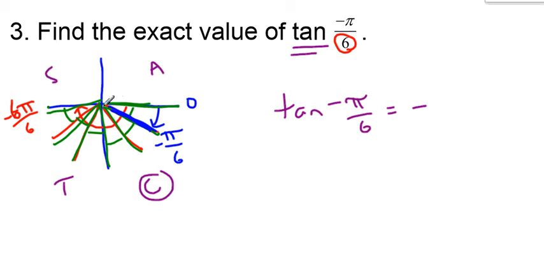And again, you can see, here's my terminal arm, here's the x-axis, so what is this angle? Well, because we started this question by cutting into pieces that were pi over 6, I know that that little angle is pi over 6. So all I have to do is figure out what is tan of pi over 6, make it negative because of the quadrant, and I have my answer.